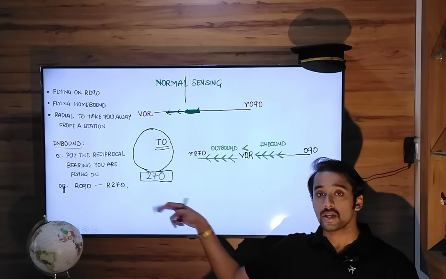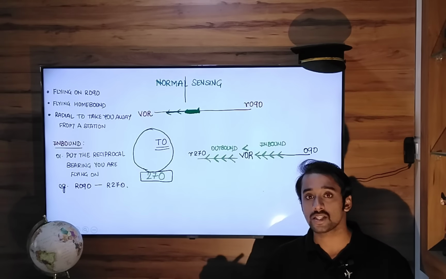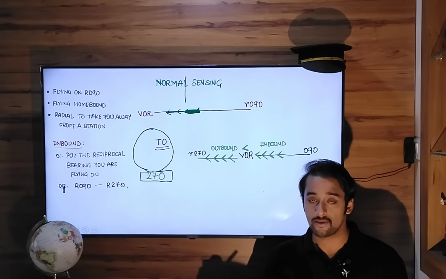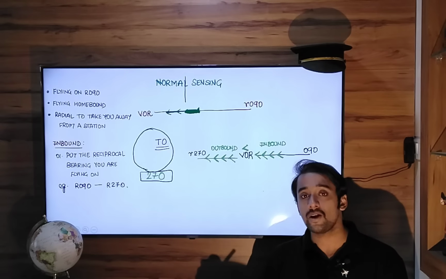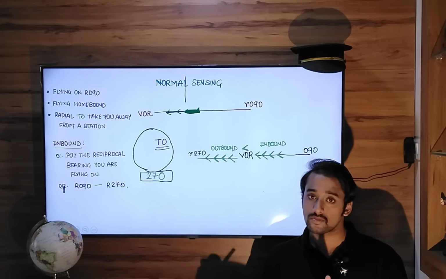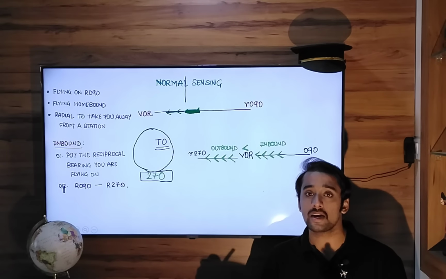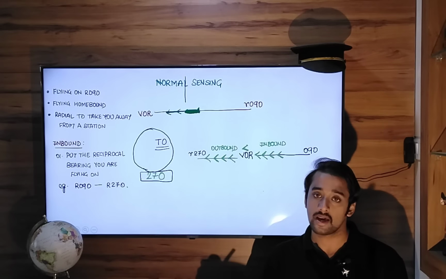When you do that, you will get your to and from indications and your CDI indications in normal sense, and therefore the instrument becomes reliable, and there is less possibility of the pilot making any judgment or other flying errors.